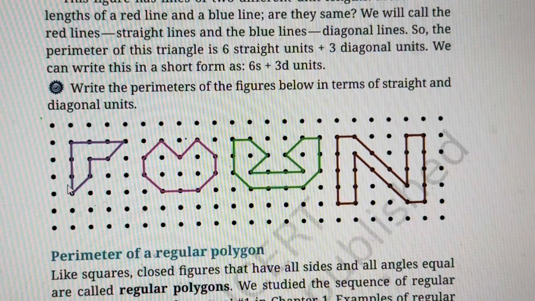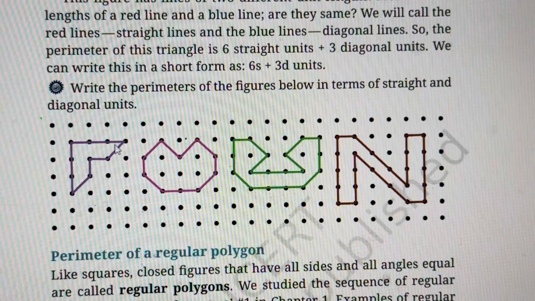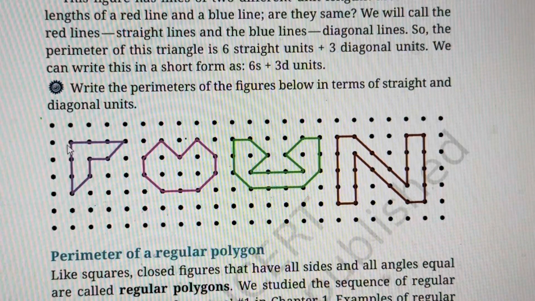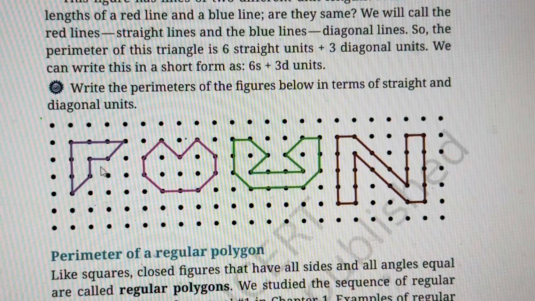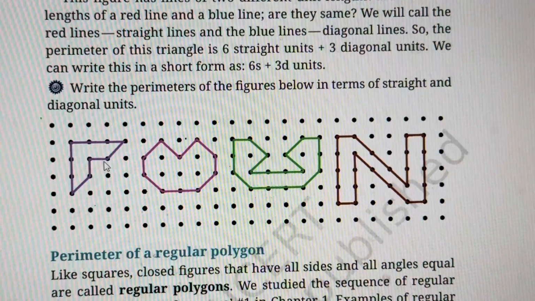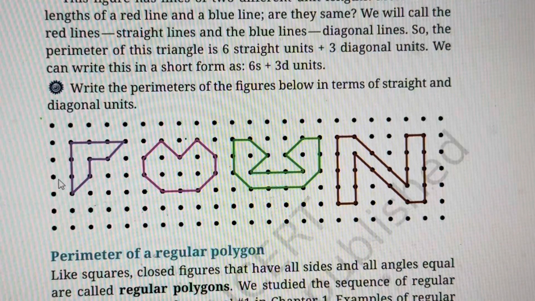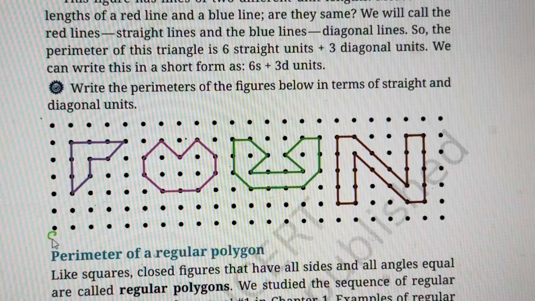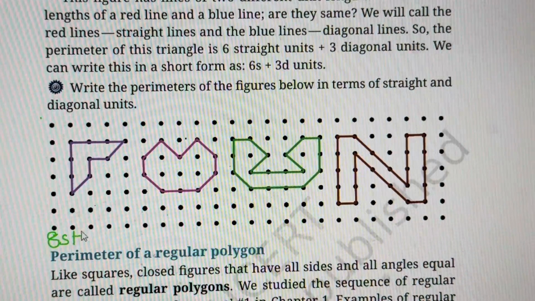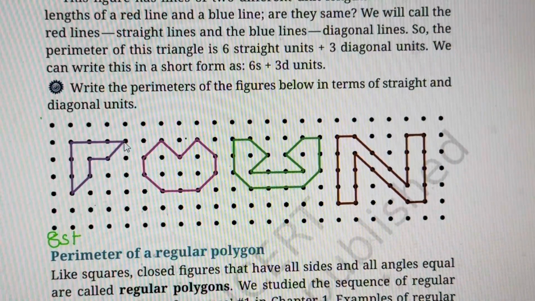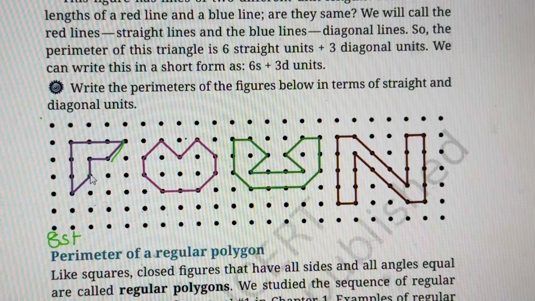The first purple lines, if we count the straight lines here, 1, 2, 3, 4, 5, 6. Then here also in the center 7 and 8. There are 8 straight lines. So we write it as 8s. Plus how many diagonal lines are there? 1 and 2 only.